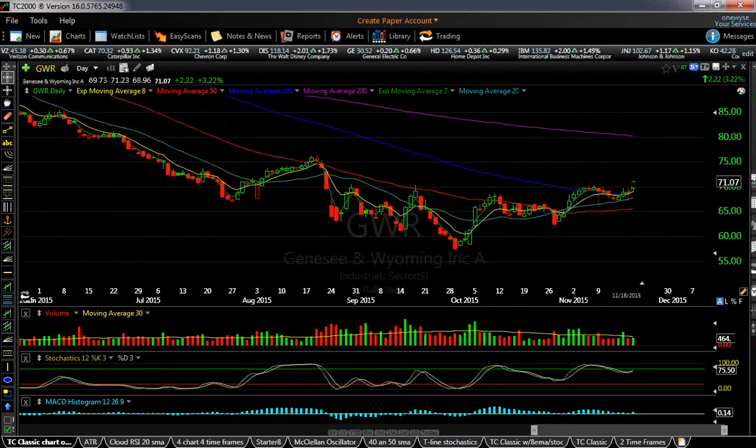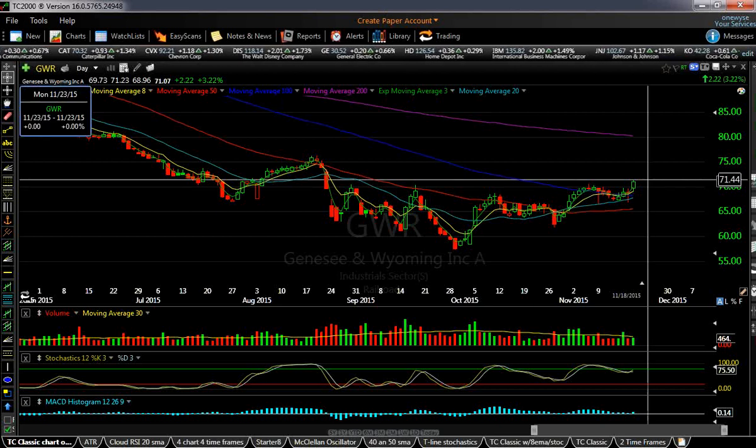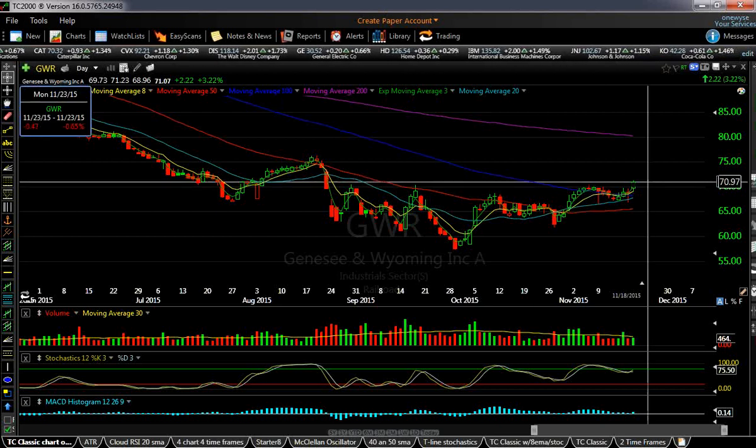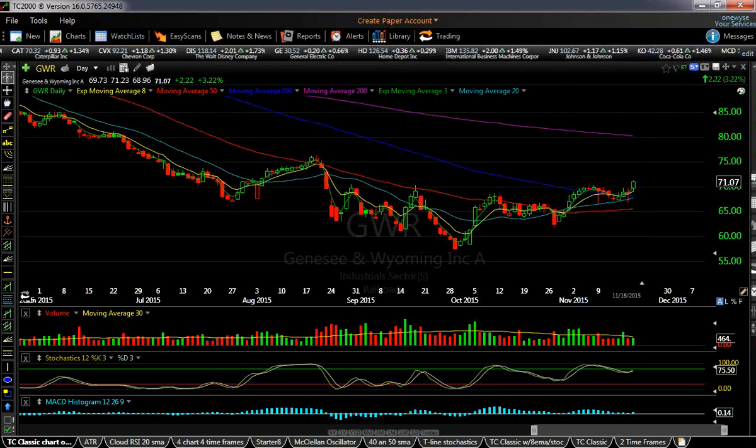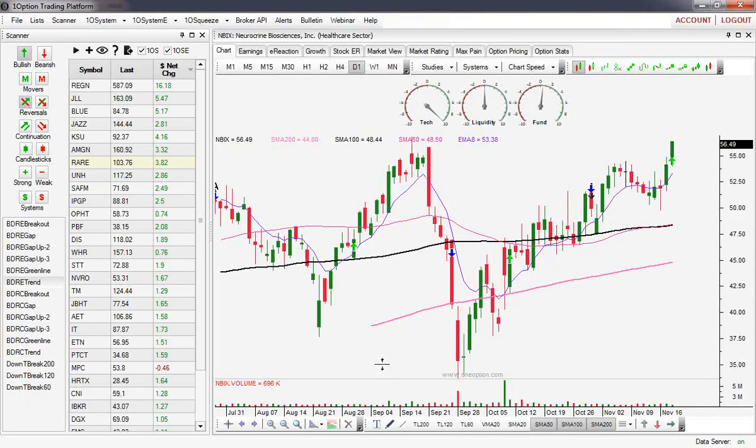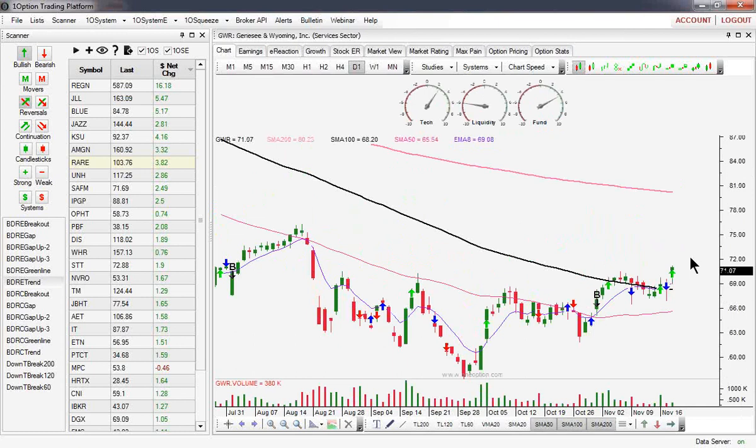And we'll go in here, GWR. Take a look at GWR. And again, we look at it on the platform. There it is, a buy signal breaking out. If you look to the left, you see this red candle.